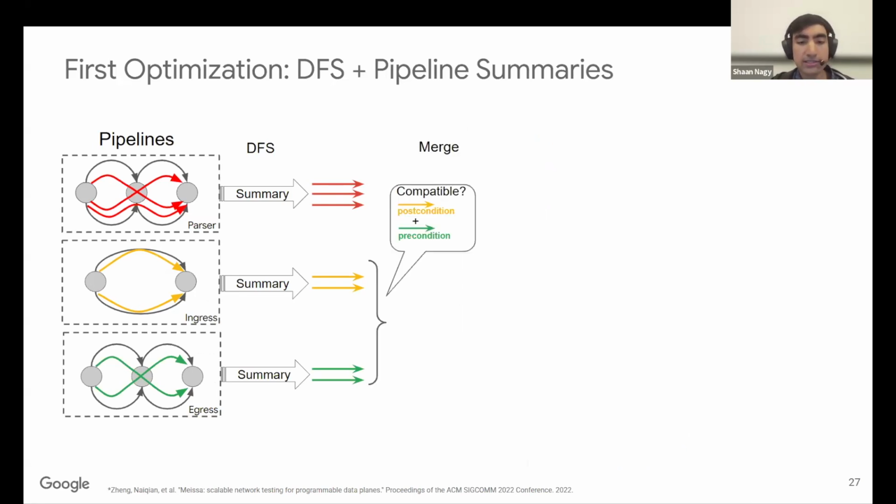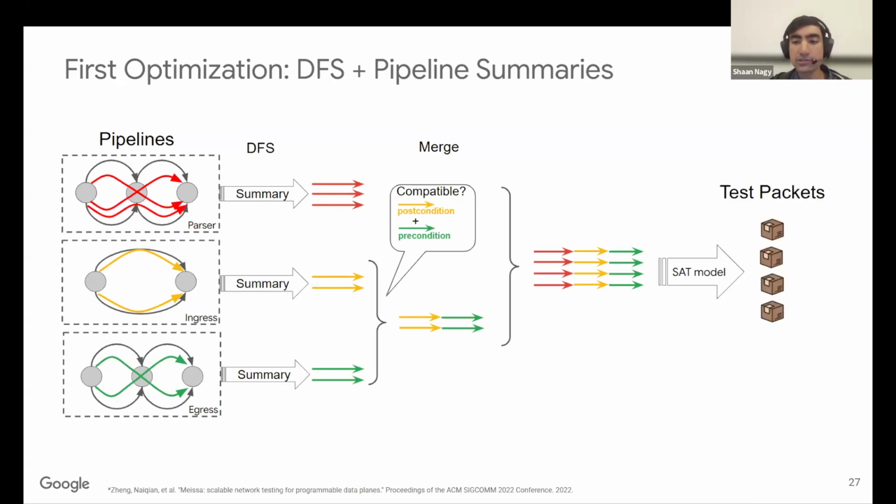And then we merge these subpaths. So for example, for each of the 4 possible combinations of yellow and green paths, we check whether it's possible to have a packet that takes that yellow path and that green path. So here, for example, out of the 4 possible combinations, maybe 2 of them are feasible. And then we can again merge these feasible ingress plus egress paths with the parser to produce valid paths through the entire system.